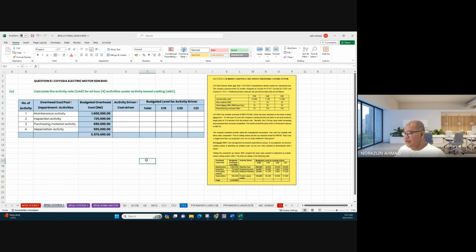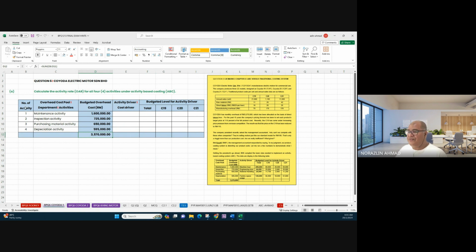Okay. For the traditional method, we only have one rate, which means, for example, 3.5 million, you just divide by one activity driver or one cost driver to get only one OAR. For example, if they use direct labor hour, you just divide by total direct labor hour. So you will get one rate, and that you can consider a traditional costing method, which uses only a single rate.